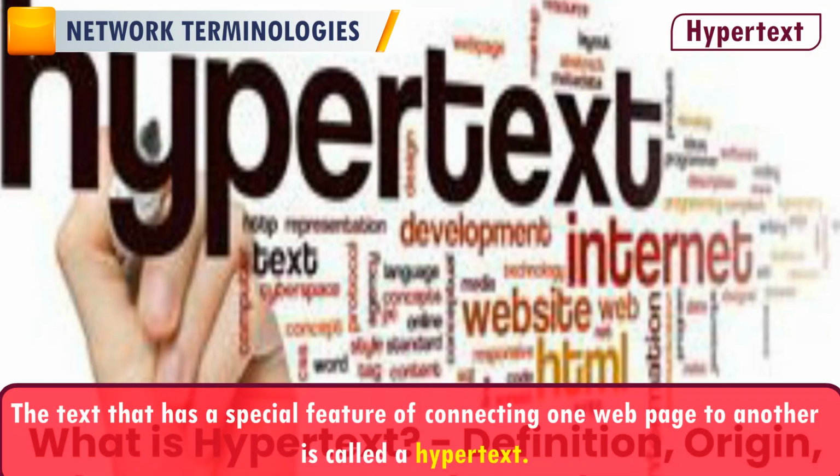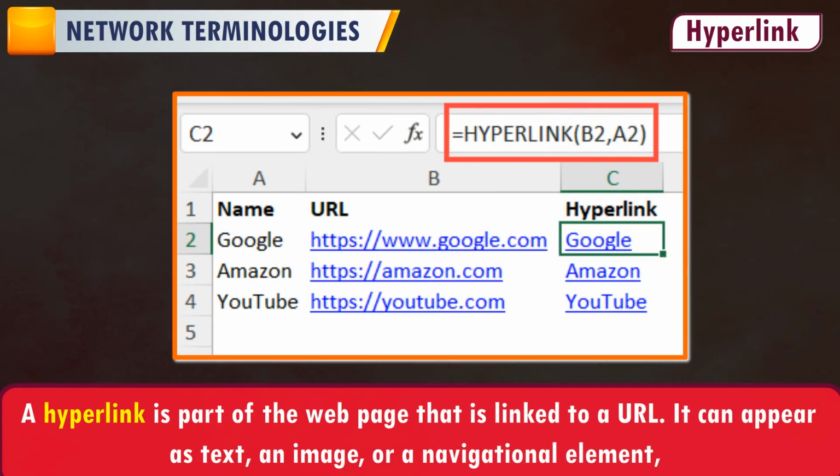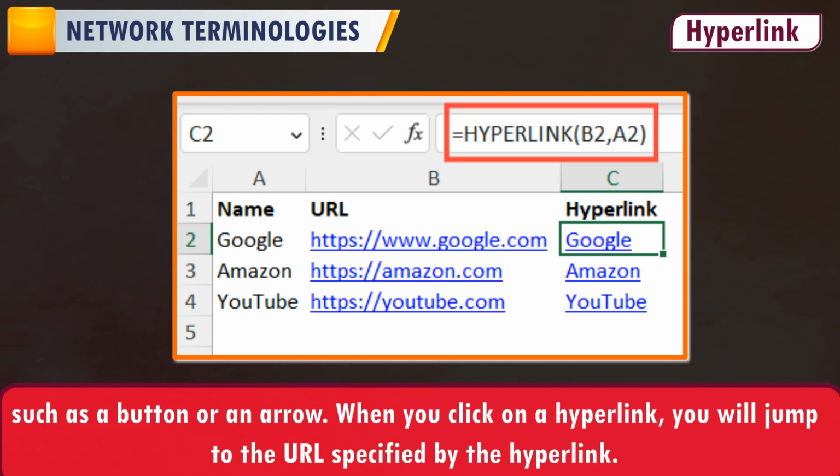Hypertext. The text that has a special feature for connecting one web page to another is called a hypertext. Hyperlink. A hyperlink is part of the web page that is linked to a URL. It can appear as text, an image, or a navigational element such as a button or an arrow.